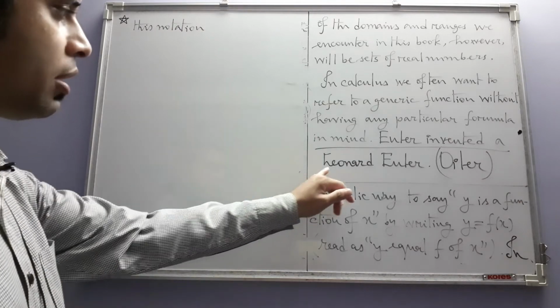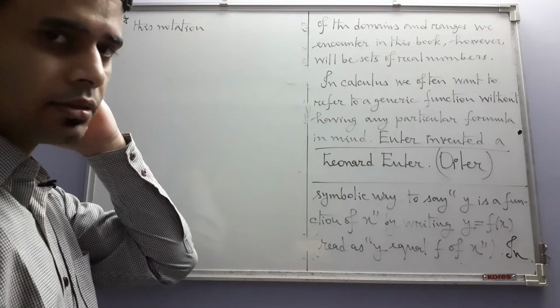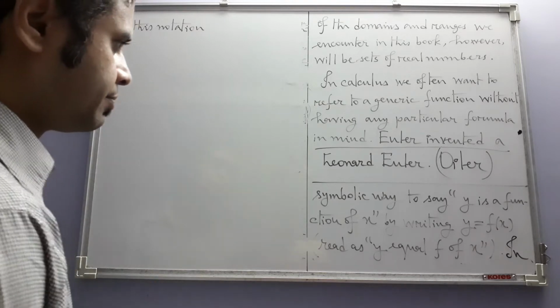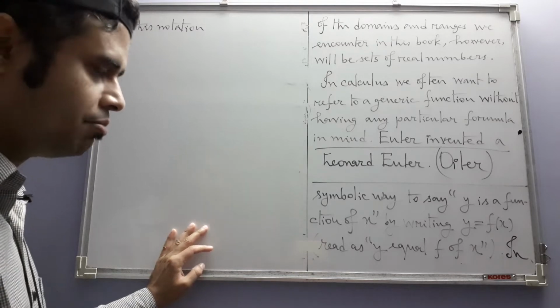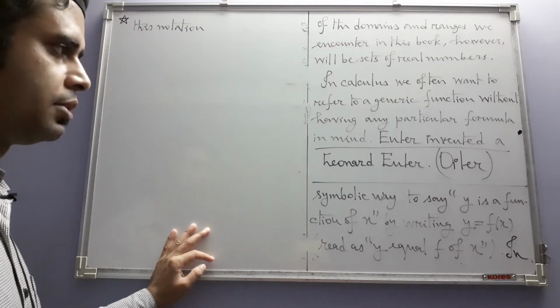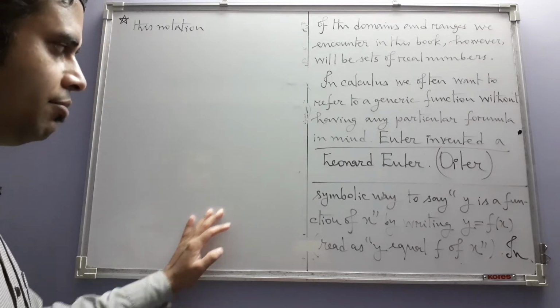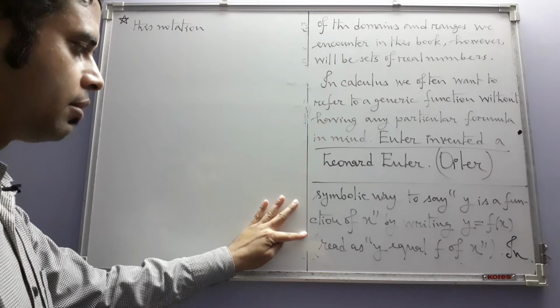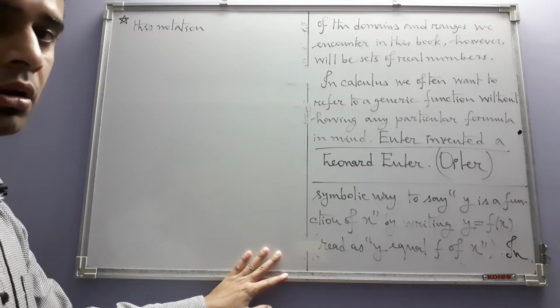you may look up Leonhard Euler on the web. You will see many things about him. Okay, he became partially blind, or I think totally blind towards the end of his life. But he found so many things that even after his death, it took many years to publish them all.